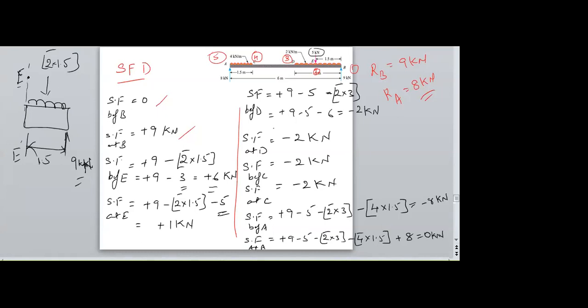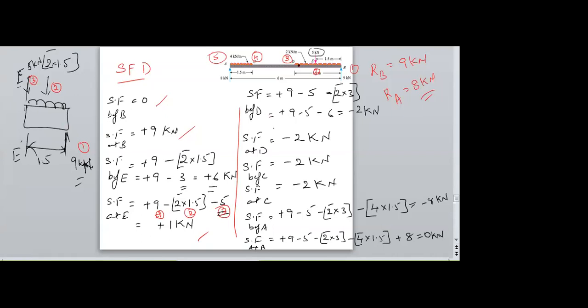So we have 3 point loads: the 9, the converted UDL, and this point load of 5. So in total I am getting a positive 1 kilonewton.